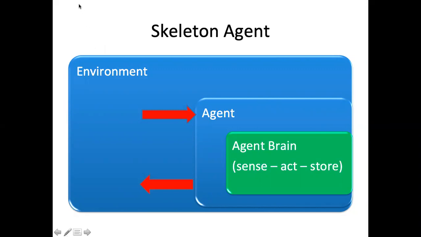So you have the sensing ability, then you have the acting ability, the agent, and then you can have different sorts of combinations here, what type of sensing is there, and how whatever you sense is converted into actions. So it's a sort of an agent brain.